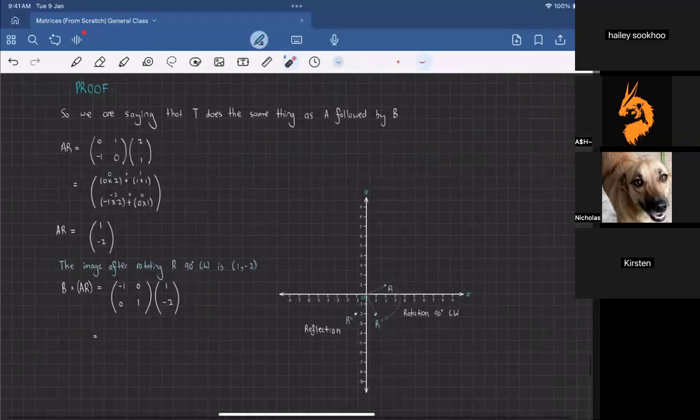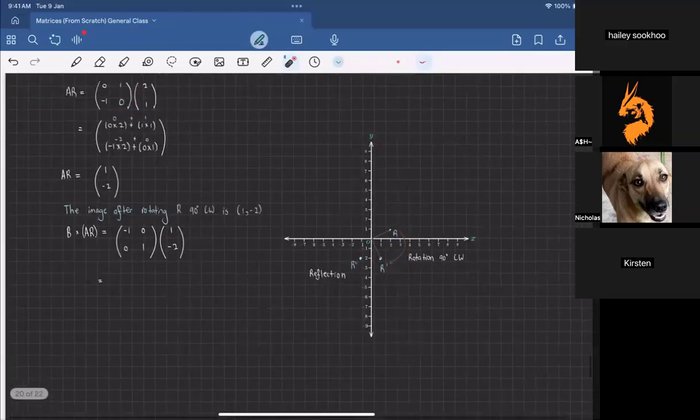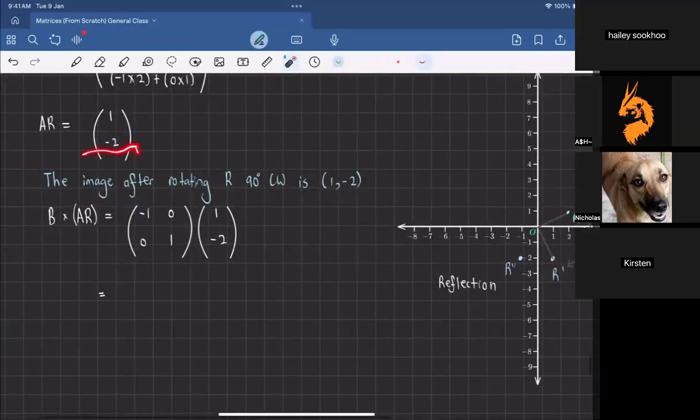When we multiplied the 2, 1 by matrix A, we got 1, -2, so we can see it is our rotation of 90 degrees clockwise. And then after we multiply this by B, it should be a reflection. So let's see.